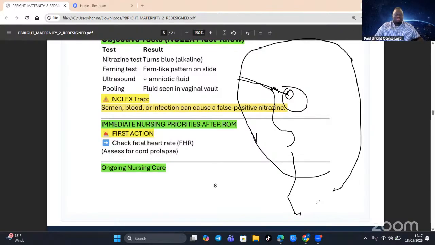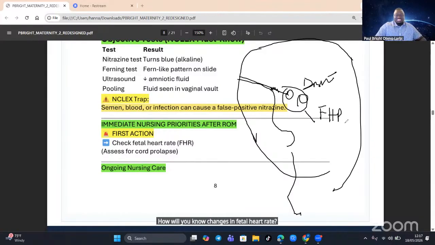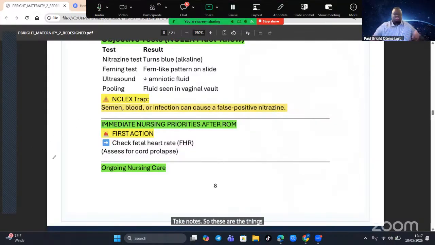When it prolapses, even when it twists, like kind of volvulus, you have twisted arterial supply and venous return. So what will happen to the baby? Baby can get distress. How will you know? Changes in fetal heart rate. Take notes. So these are the things you should know.